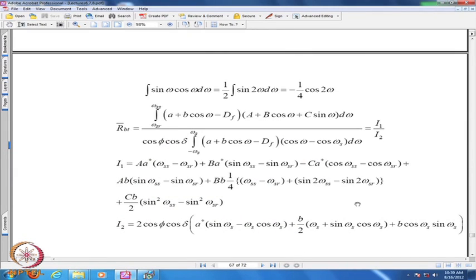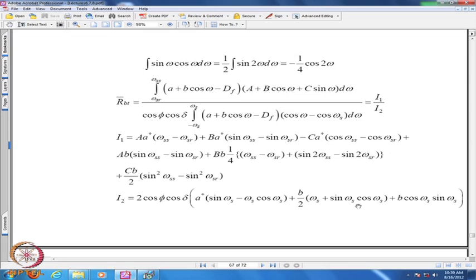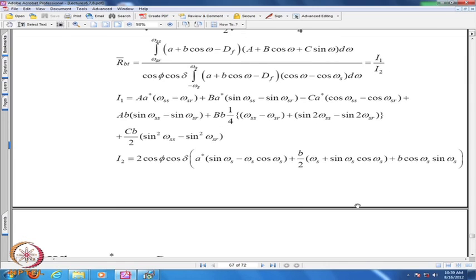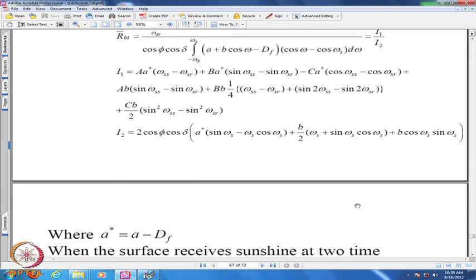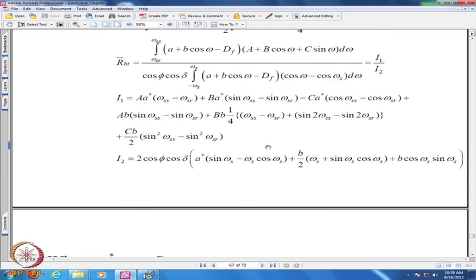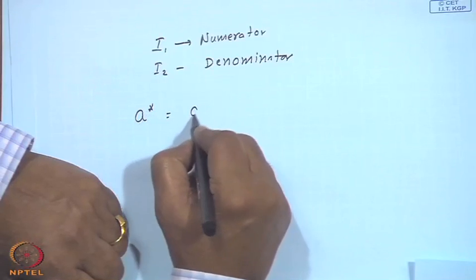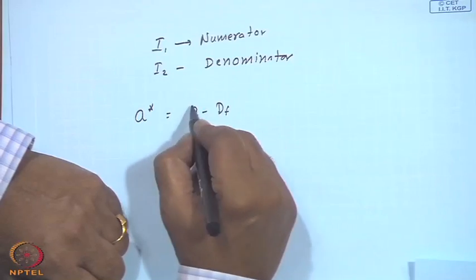You can check the signs. I tried because I was doing this bit of algebra directly on the screen and I did not have the benefit of an old document in Word to directly take it. So, this was done. That A star, which is a simplification, is nothing but A minus d f. This acts like a single number.